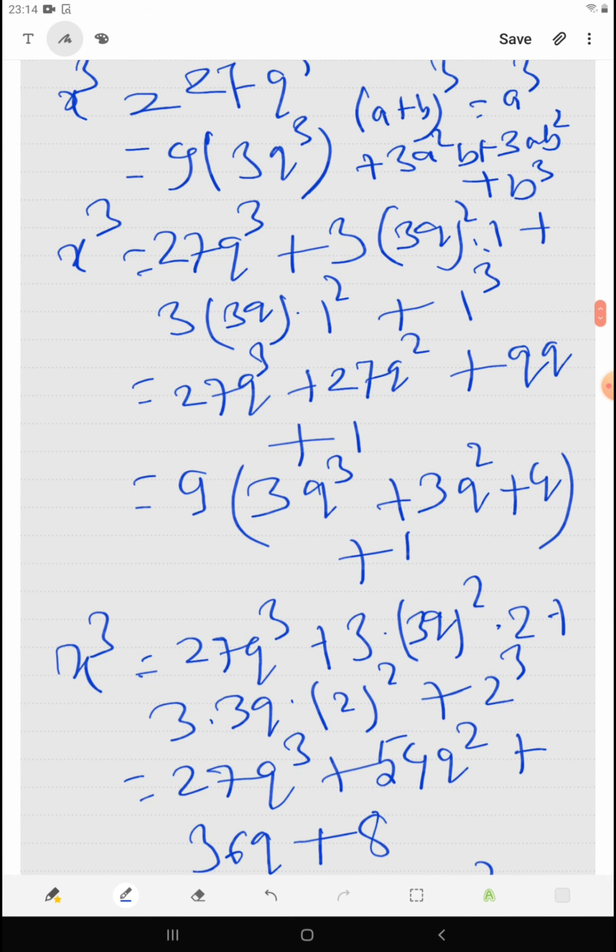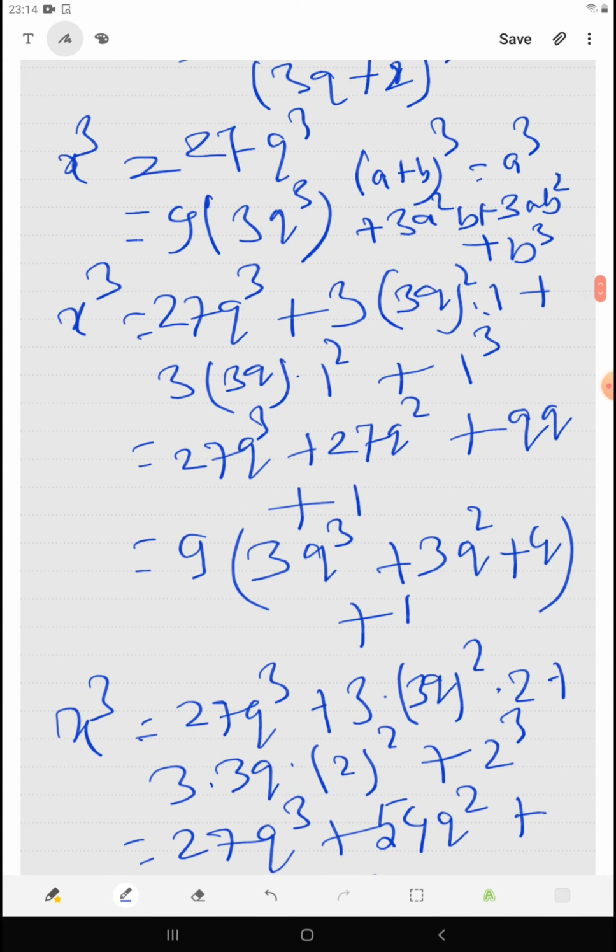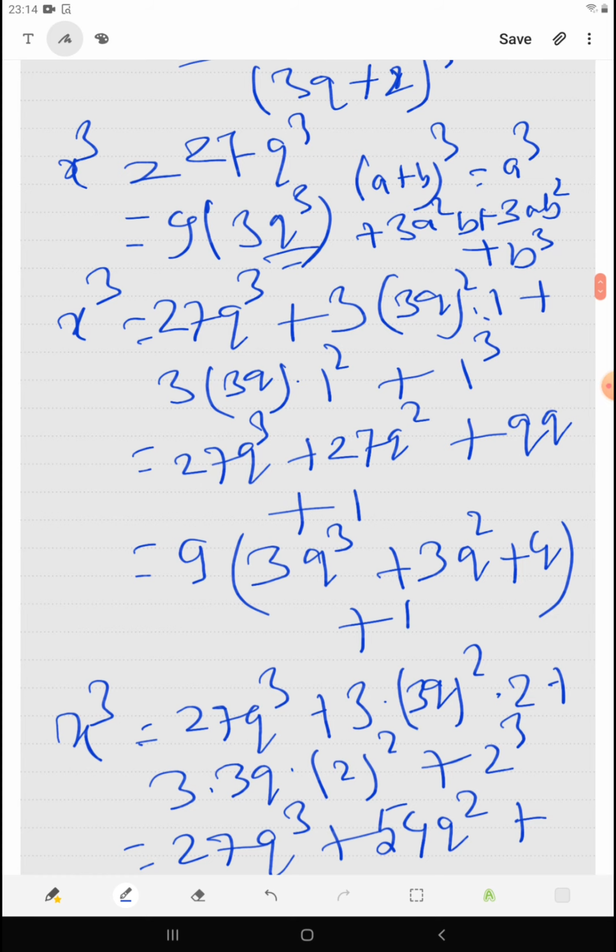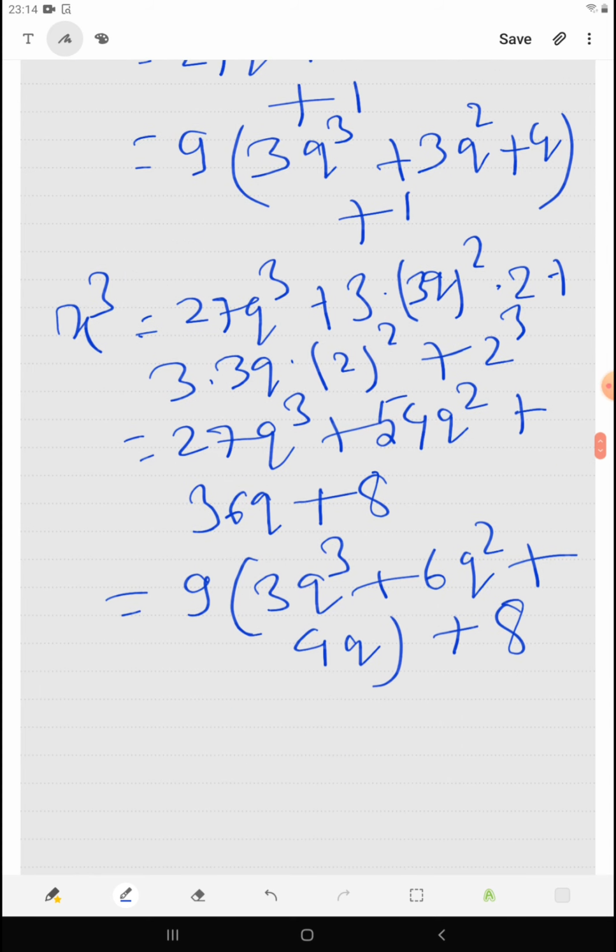Now you see, in the first, 3q cube I will write as k1, where k1 is a positive integer, since q is a positive integer, so 3q cube is also a positive integer. Okay.